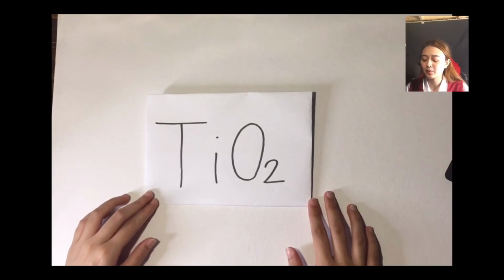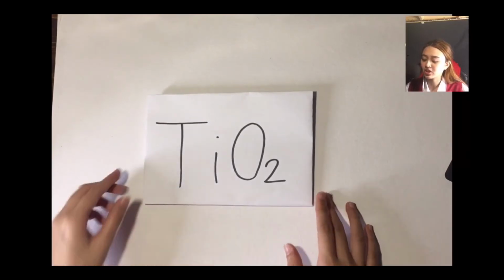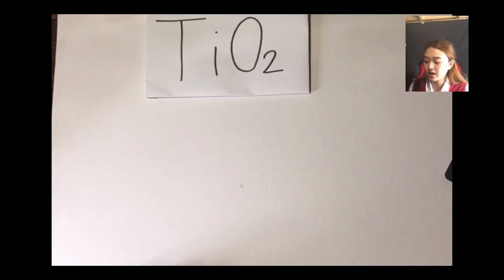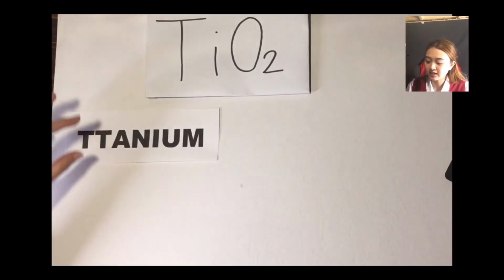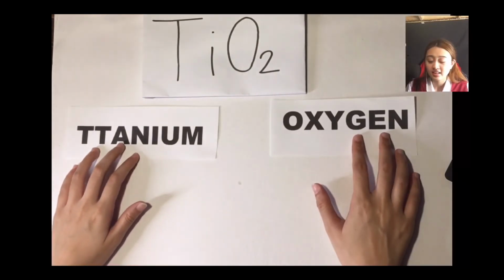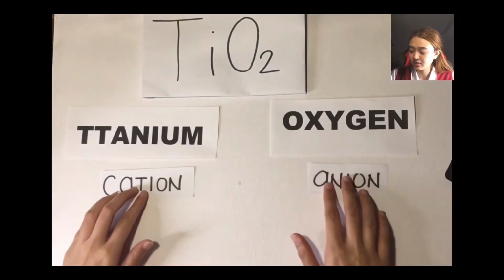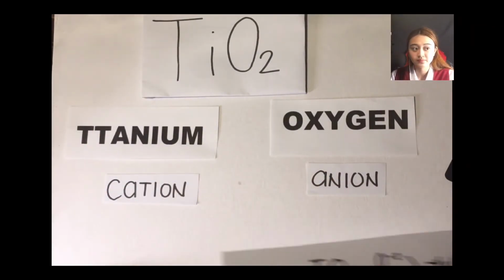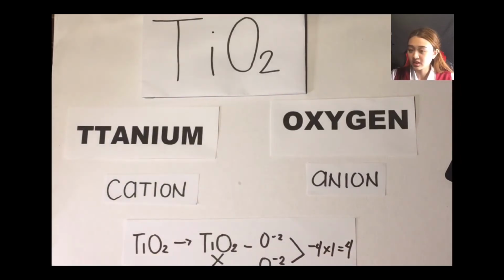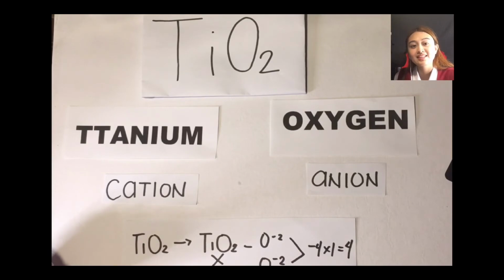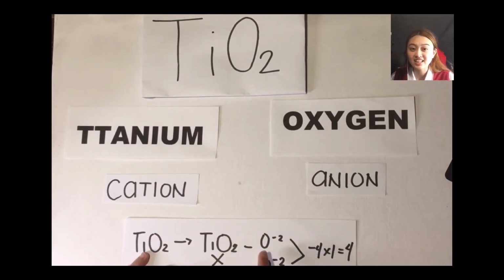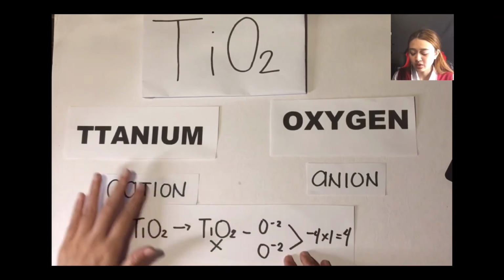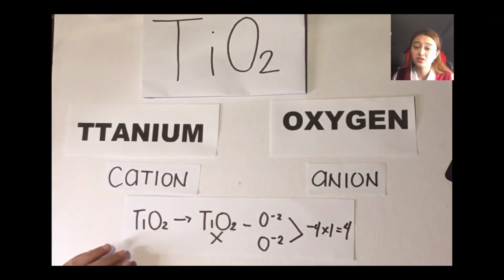Try this example, TiO2. Binary compound, titanium and oxygen. Then we will identify the cation and the anion, then proceed with the crisscross method. Now, since oxygen is a diatomic element, it will be times 2. O2 negative charge of the ion.